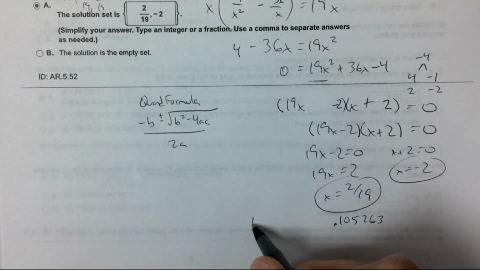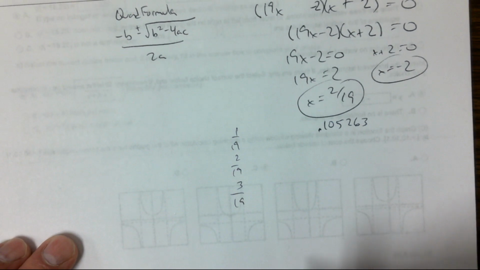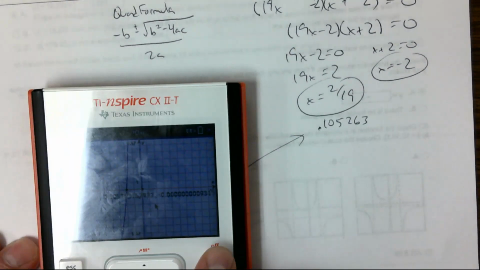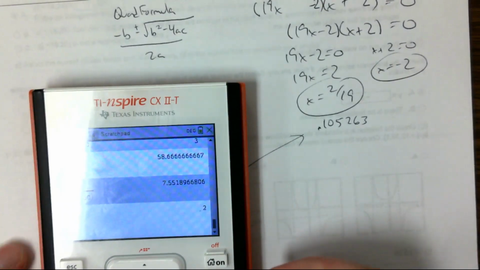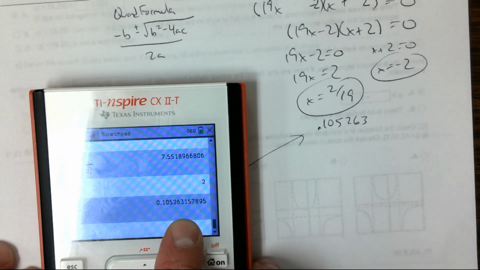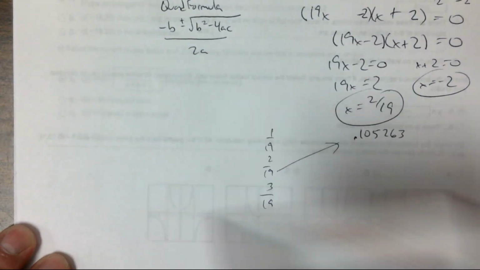Is it 1/19? Is it 2/19? 3/19? Or what? And in this case, it's 2/19. So if I do 2 over 19 as a decimal, I get the 0.105263. So that's how that works.